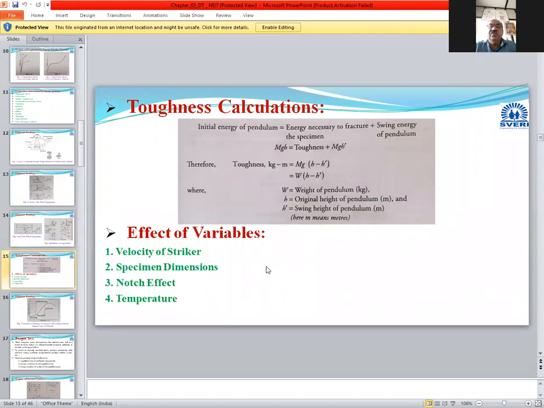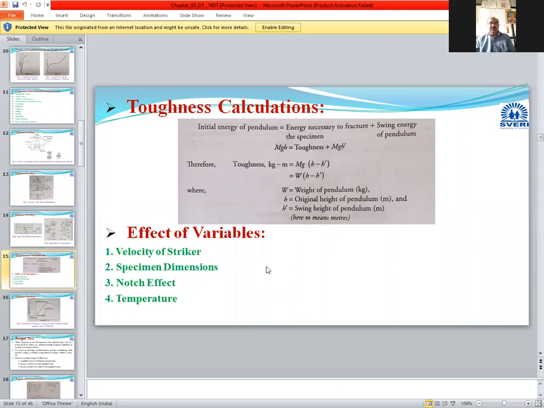Here is some formula for how to calculate the energy absorbed by the component. Numerical problems are there, but this facility is available on the machine itself. Directly, you will get the energy absorbed by the component in joules. And this energy absorbing capacity typically depends upon the velocity of striker, specimen dimensions, notch effect, and temperature.